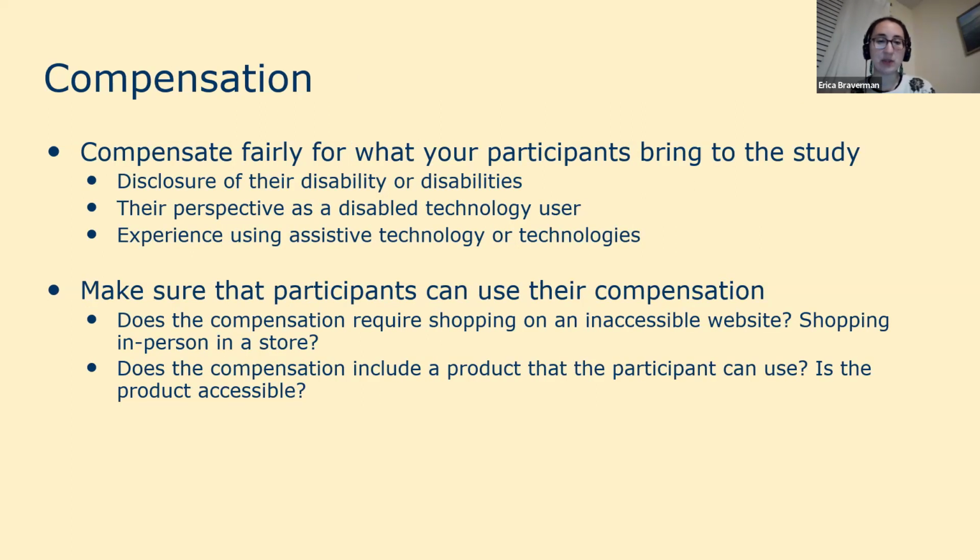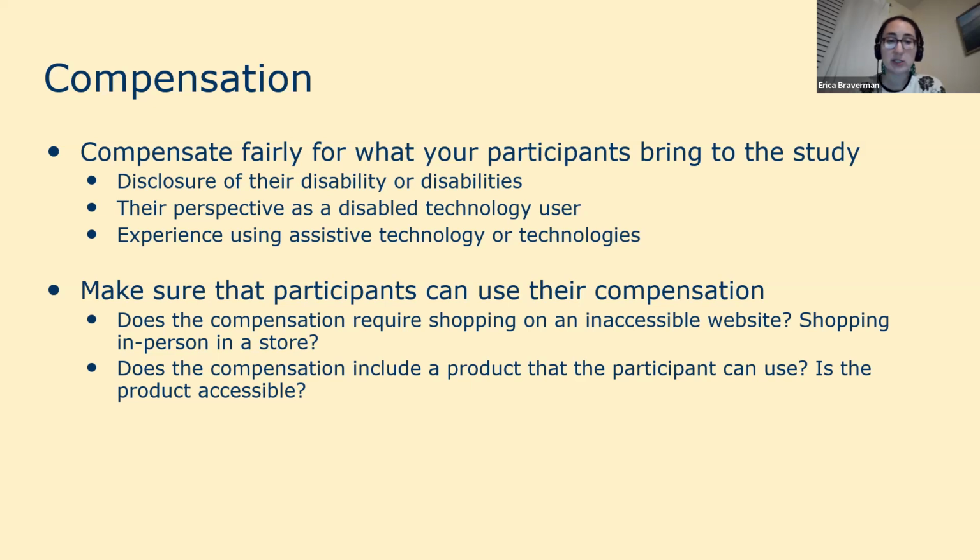Compensation. Everyone loves getting paid. But sometimes there can even be some accessibility barriers to consider here. The first thing is really fair compensation for the labor that participants are doing. All the factors going in, they have to disclose their disability or disabilities.